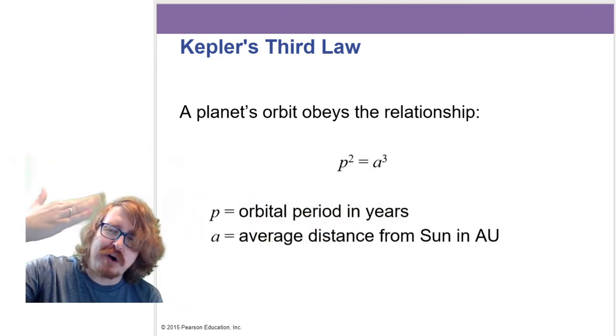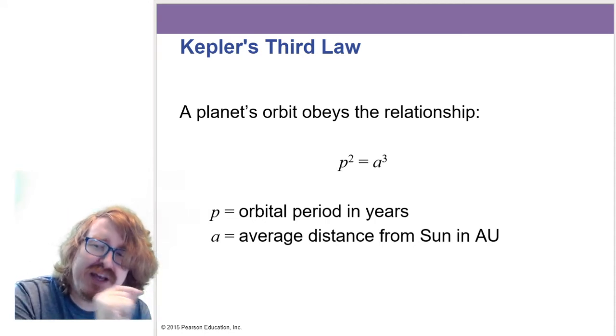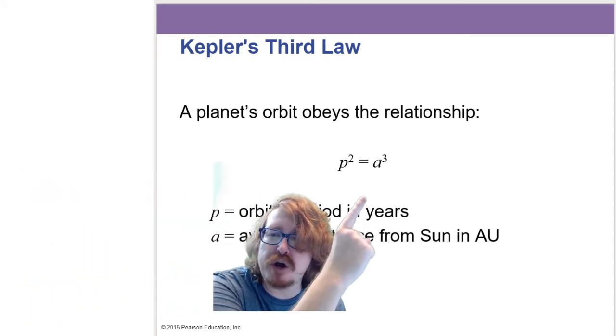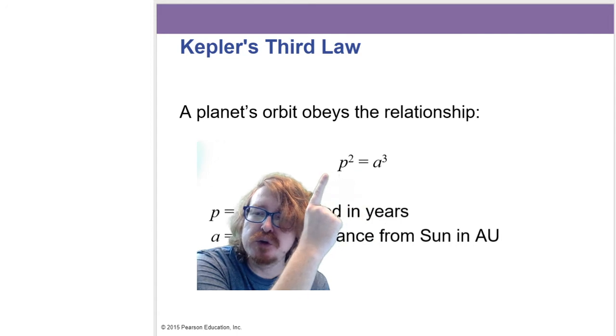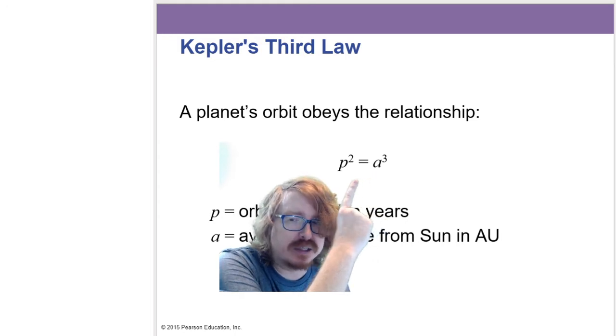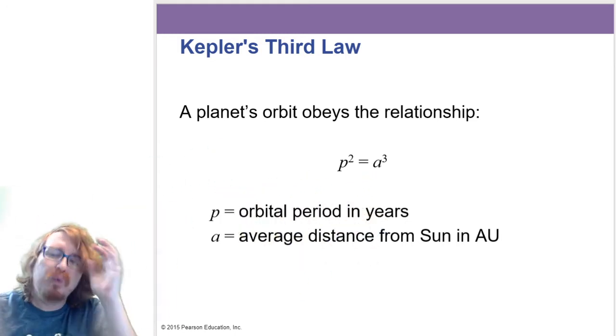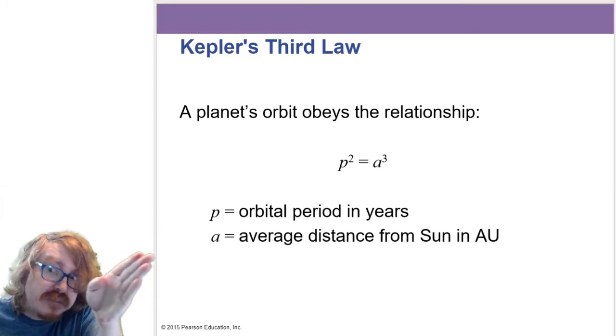Yay! The law works for Earth. But the important thing here is that this relationship works for every planet. If you know how big the orbit is, you know how long it takes to go around the sun. And if you know how long it takes to go around the sun, you can calculate how big the orbit is, okay? But even then, that's not really telling us what this really means.